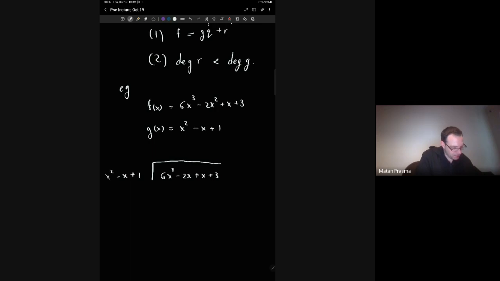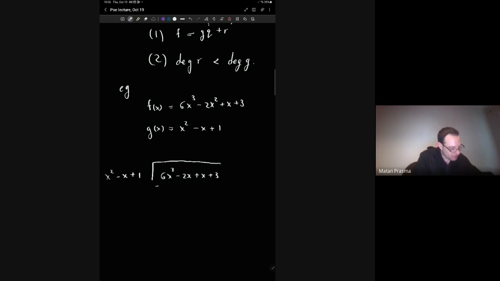And so now I'm looking for a monomial to multiply g with, such that after I subtract the monomial times g, I cancel out the top monomial of f.